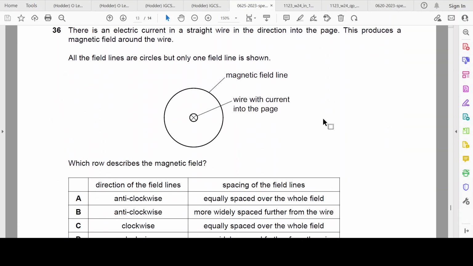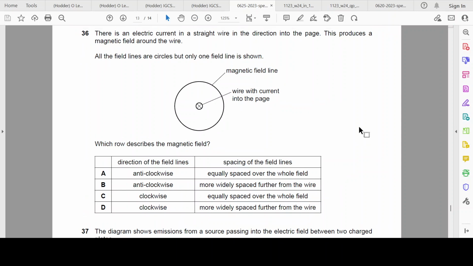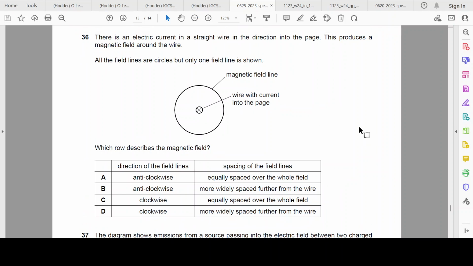Question 36. There is an electric current in a straight wire in the direction into the page. This produces a magnetic field around the wire.